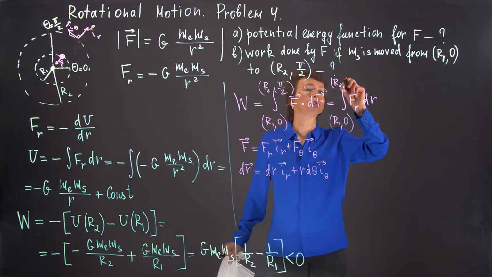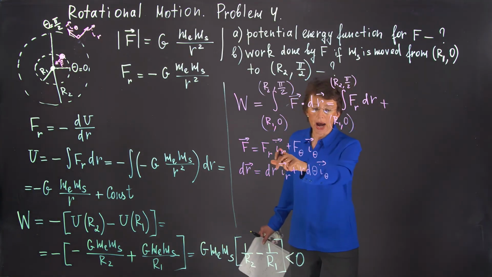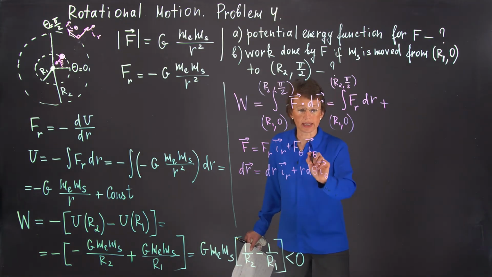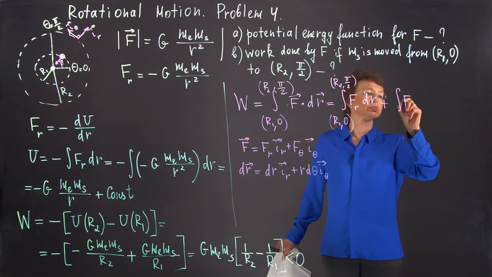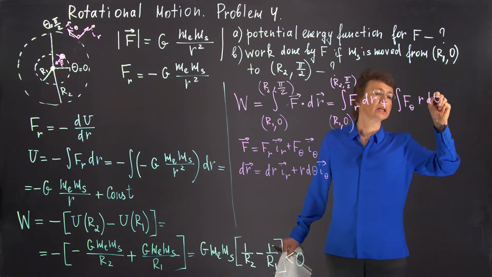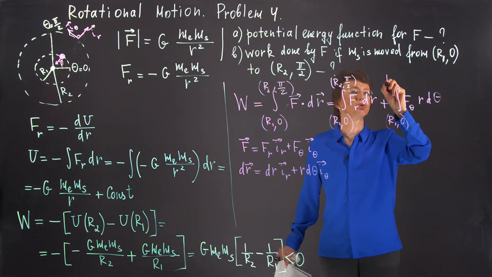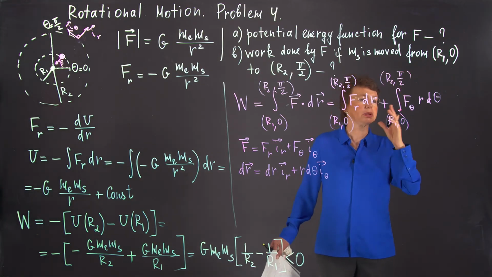And then i_r dot i theta is 0, i theta dot i_r is 0. And another non-zero will be integral F theta r d theta. So for this problem, again, I'm moving from R1, 0 to R2, pi over 2. The limits for different problems will be different, obviously.